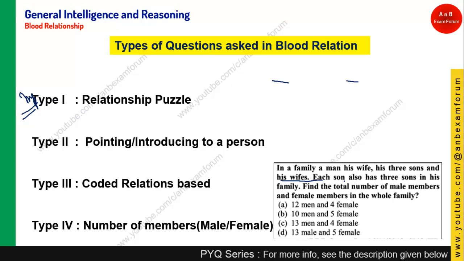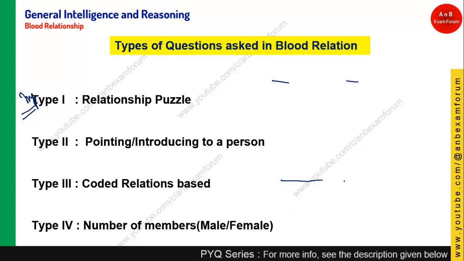So these are the four types you will find in most exams. Otherwise it will be a combination of these types, or some miscellaneous question outside these four types. But generally you will find type 1 and type 2 in most cases, and in some exams you will find multiple questions on these types.